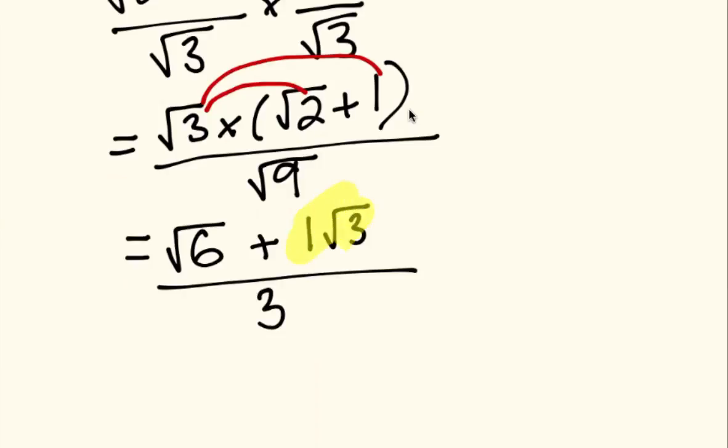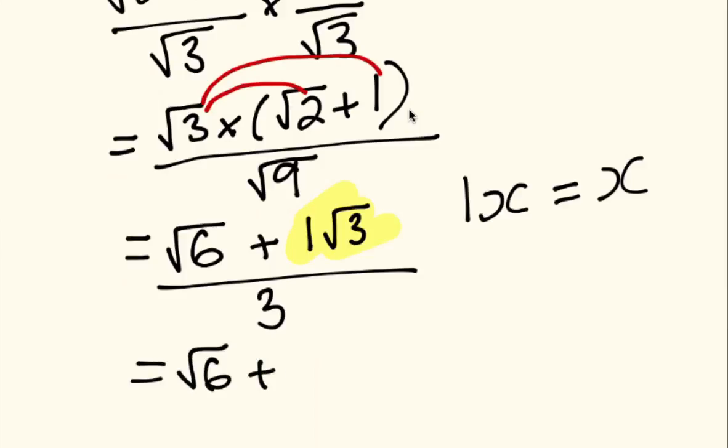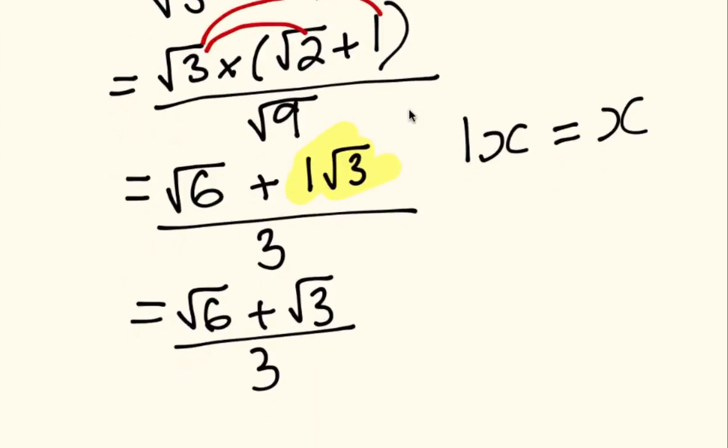Now this thing here, it's sort of like writing 1x, and we know that in algebra we don't write 1x, it's just x, and we learnt that with surds last year as well, it's just root 3. So we have square root of 6 plus square root 3 all over 3, and it looks like we could maybe simplify it, but unfortunately because the 6 and the 3 on top are underneath their own separate square root signs, we're unable to actually cancel out a factor of 3 between everything in there.